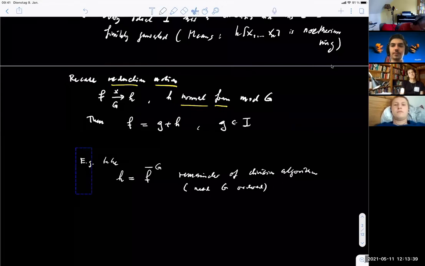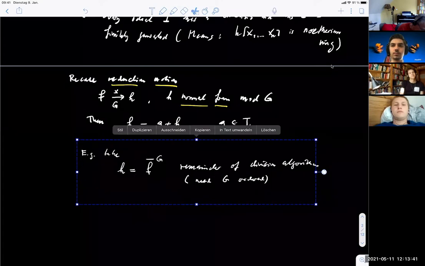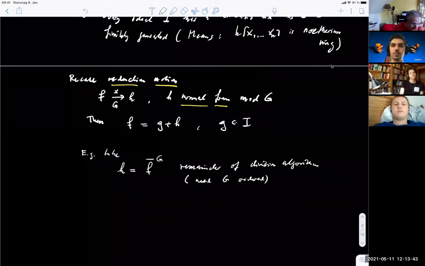And this is true for division by any set of polynomials. But what is nice now, if I divide by a Gröbner basis, this normal form, or this whole decomposition, is unique. So this is the content of the next proposition.